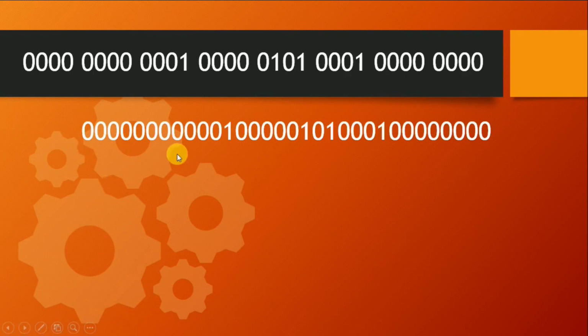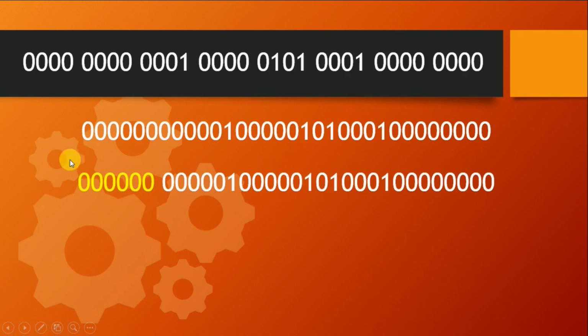I have to look at the first 6 digits. Whenever you get a binary instruction, your control unit will look at this first 6 digits. Then only can we identify which instruction format this is. By seeing this first 6 digits, we can identify that it is an R-type instruction format.